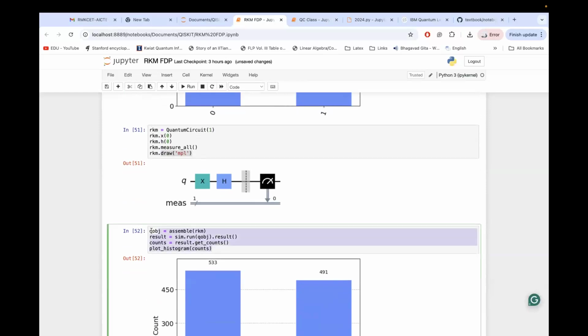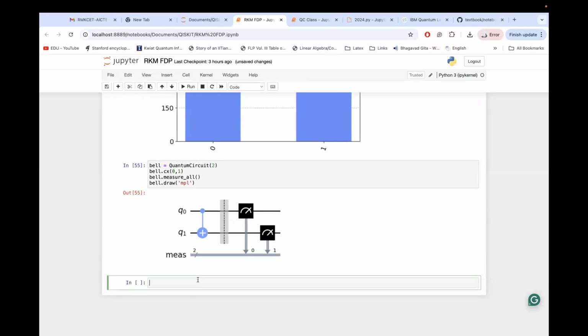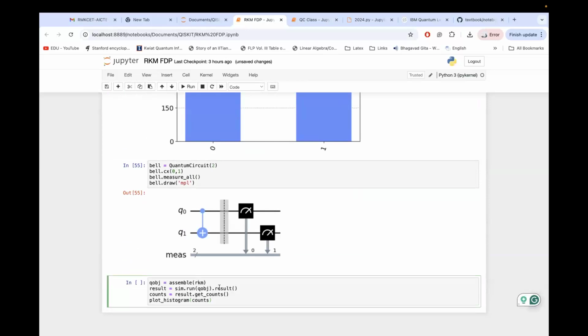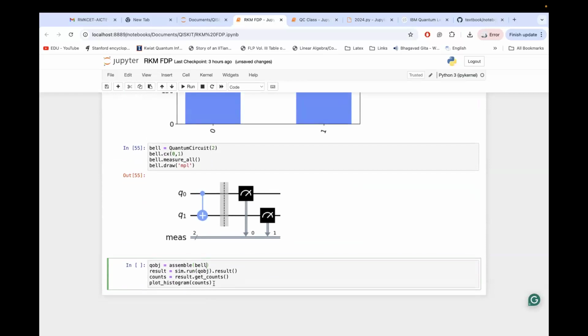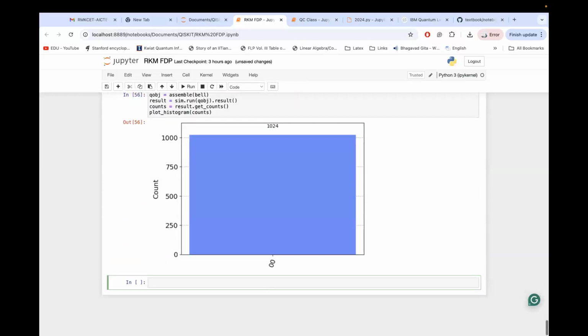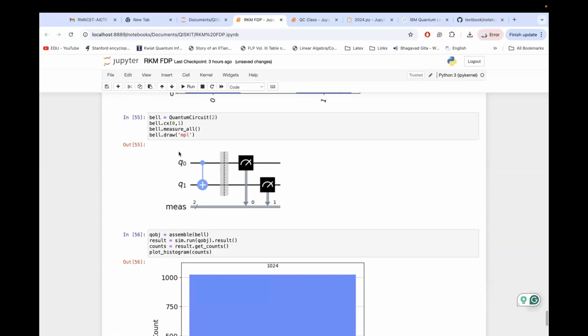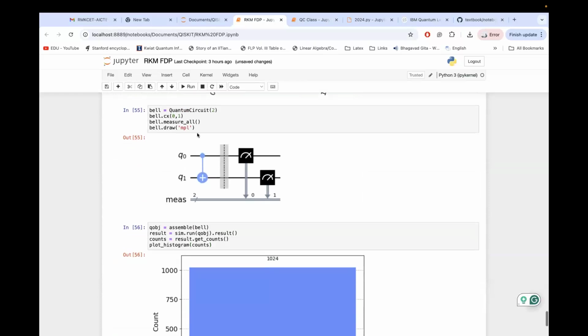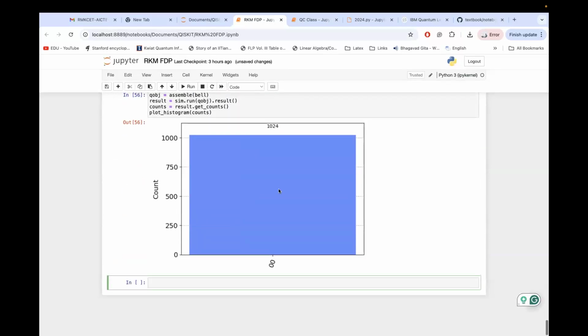So what we have to do, we have to use this histogram. Instead of RKM, we are using the circuit name bell. So look at this. We have 2 qubits and both the qubits are initialized in the 0 state, and just we are applying Hadamard operator, nothing happened. That 0, 0 is there as it is, right?